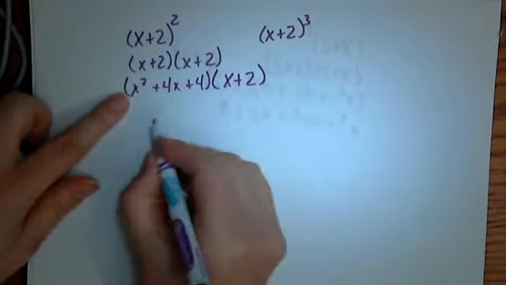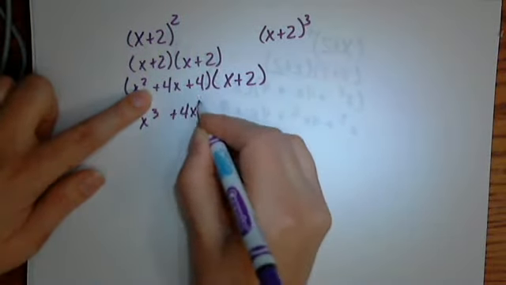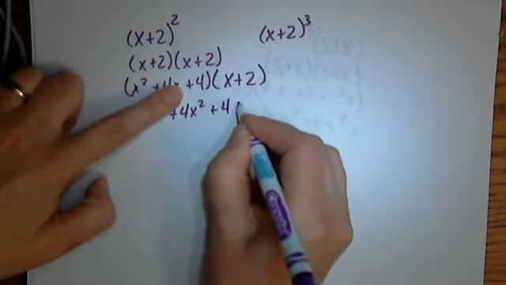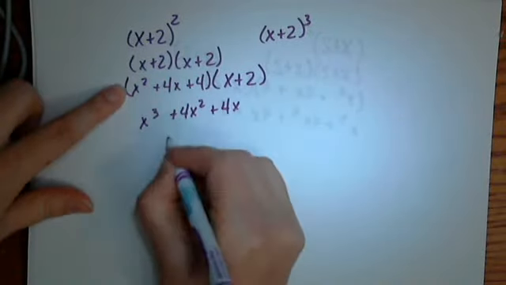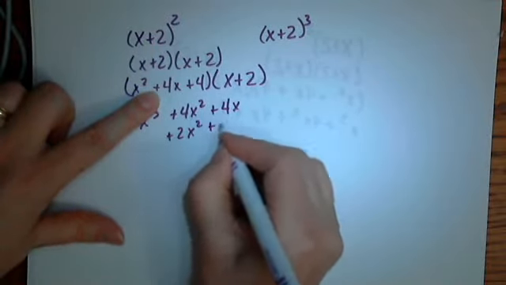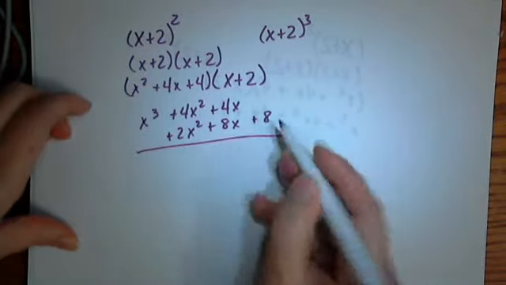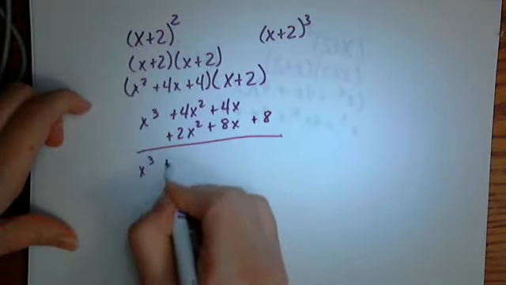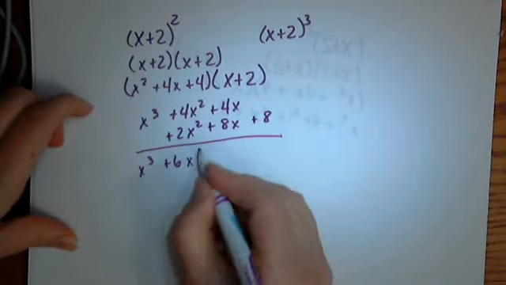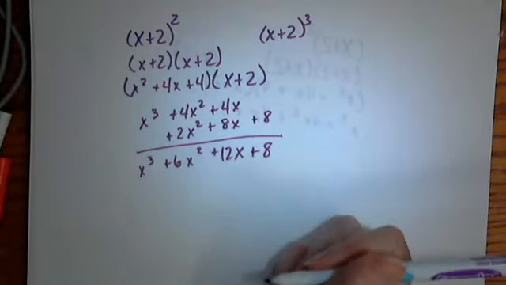We're going to start by doing x cubed plus 4x squared plus 4x plus 2x squared plus 8x plus 8. Add them together and we end up with x cubed plus 6x squared plus 12x plus 8.